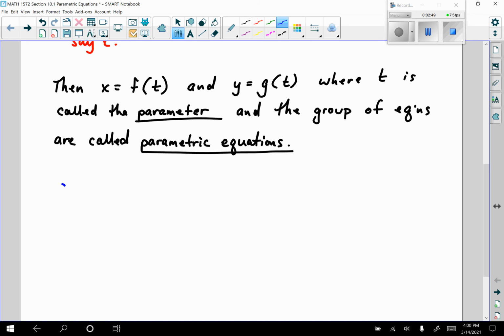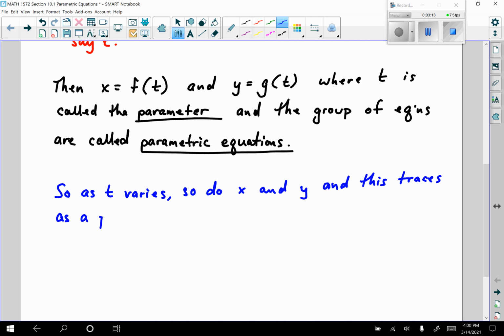So as t varies, so do x and y. And this traces out a parametric curve. Let's take a look at our first example.